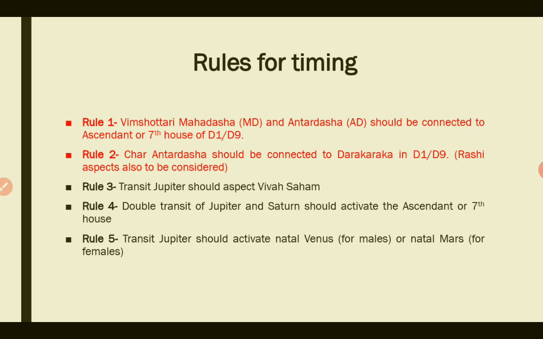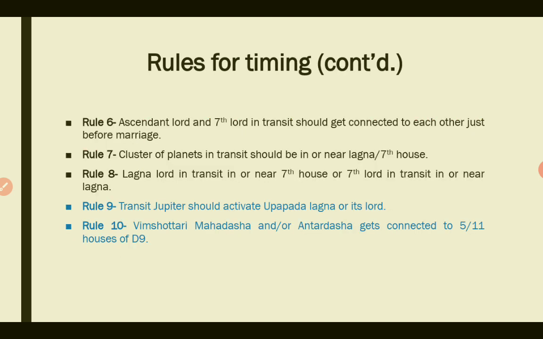The next 3 you see in black are based on transit. Rules 6 to 8 are again based on transit, and these first 8 rules are taken from a book by K.N. Rao, and the last 2 are additional rules which I have come across from different astrologers.